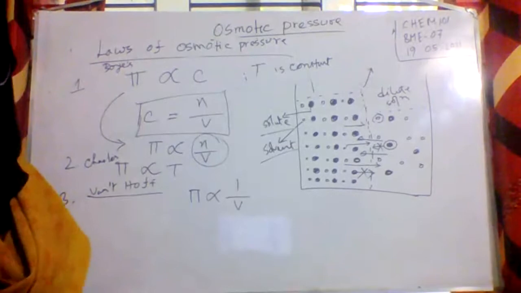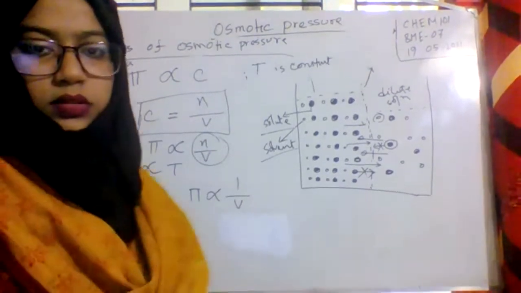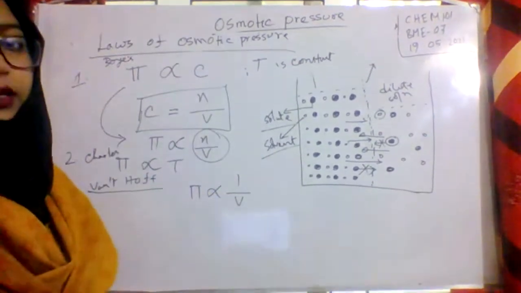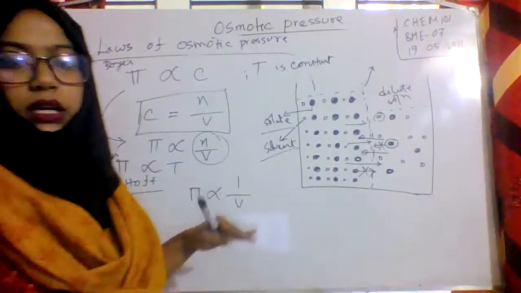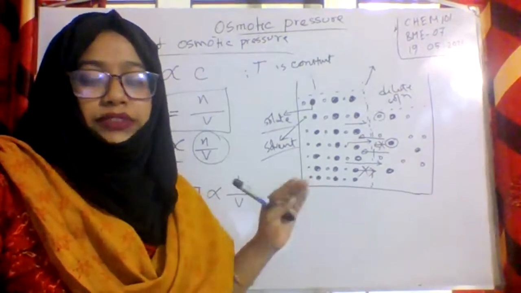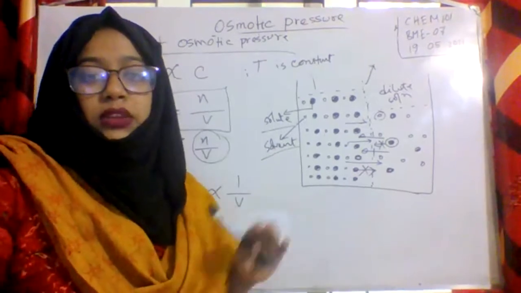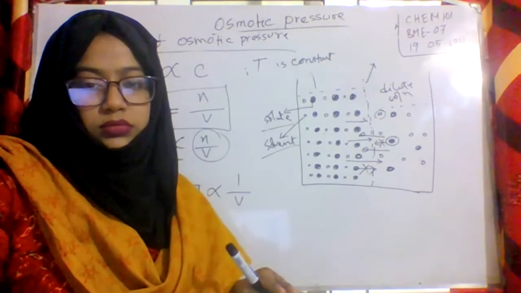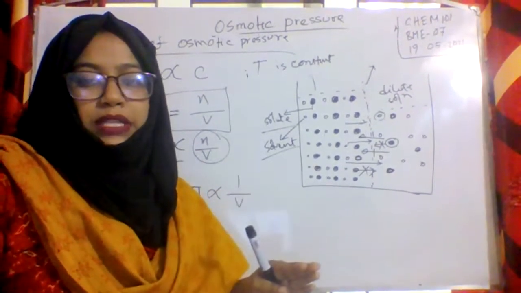Ma'am, can you repeat the number 3 question? Number 3 is the Van't Hoff equation. The osmotic pressure of a dilute solution is inversely proportional to the volume that contains 1 mole of the solute and to the absolute temperature.